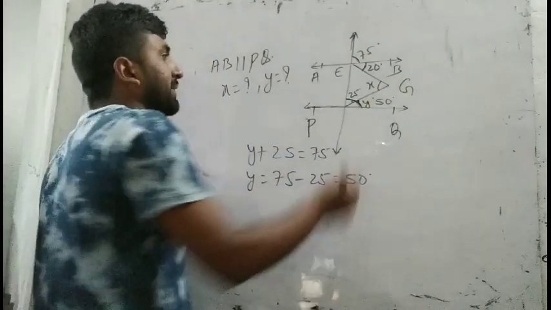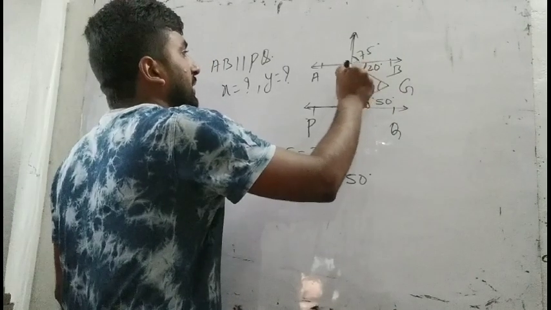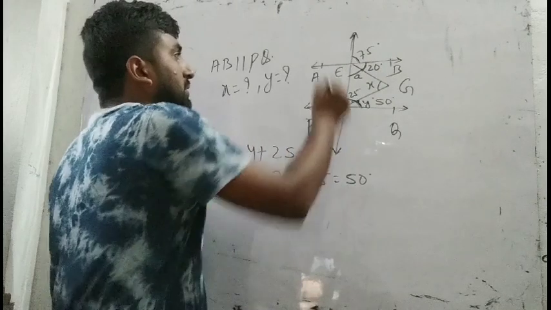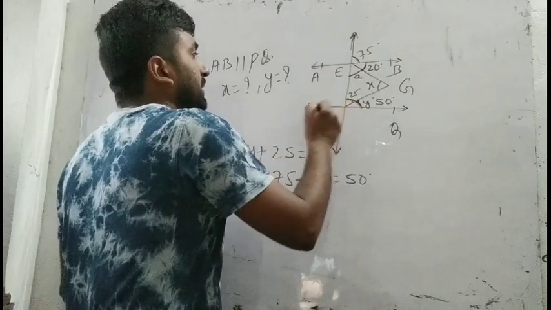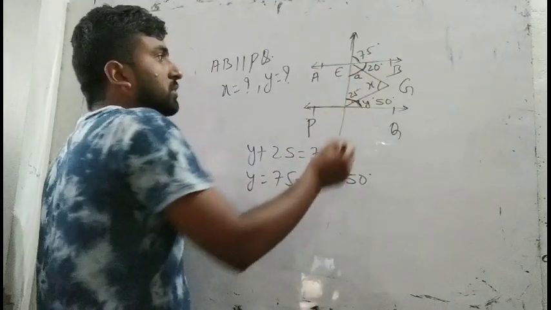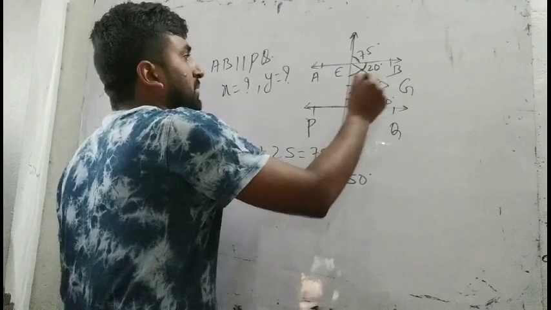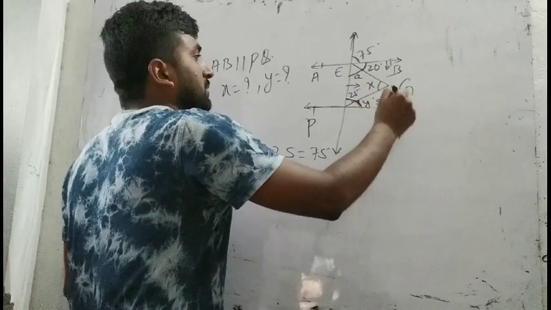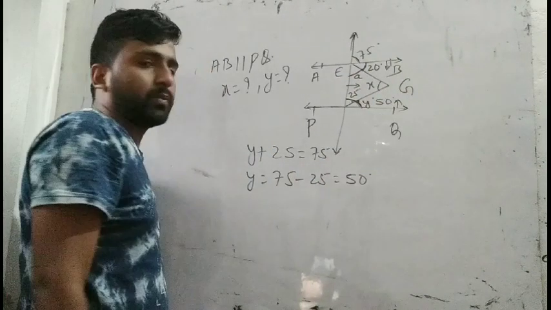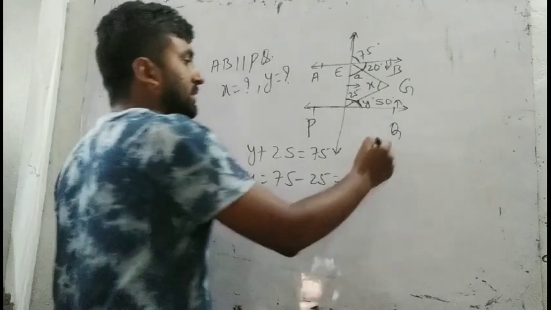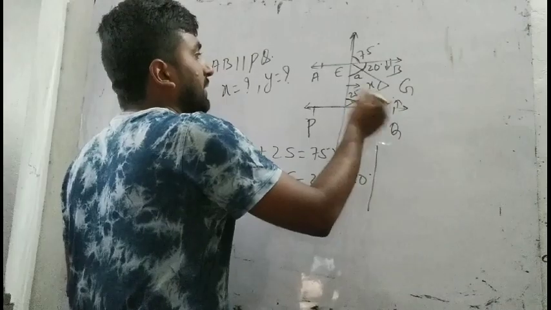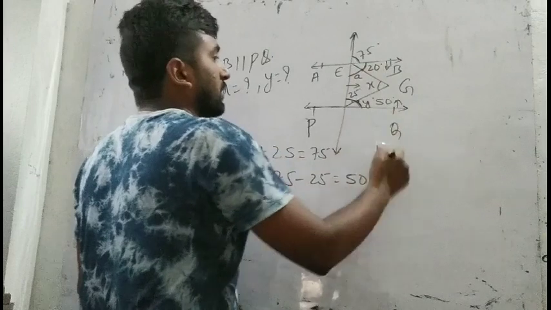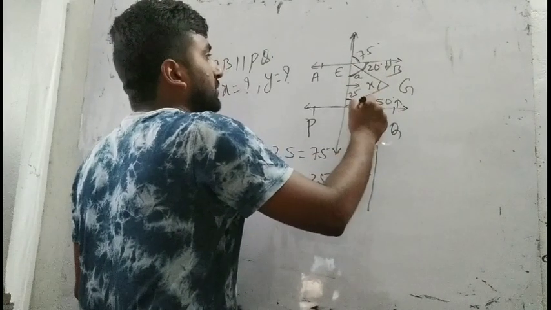Okay. And consider this angle is equal to A, and AB is parallel to PQ, so the same side of the transversal and interior of the parallels forms co-interior angles, and the sum of co-interior angles is equal to 180 degrees. You all know. So we can write that A plus this angle plus this angle is equal to 180 degrees.